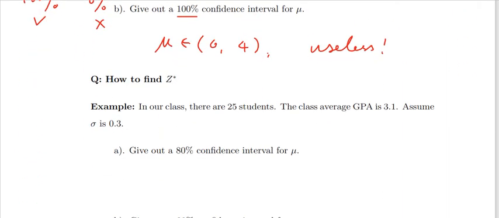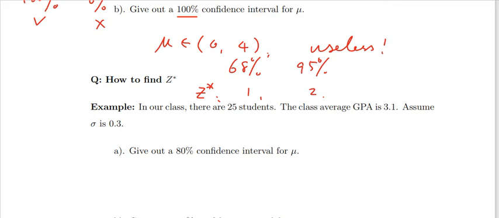So if this is 68%, we should not use it, like 68% and 95%. Then this coefficient Z star is 1 or 2, right? Then how about the general case?